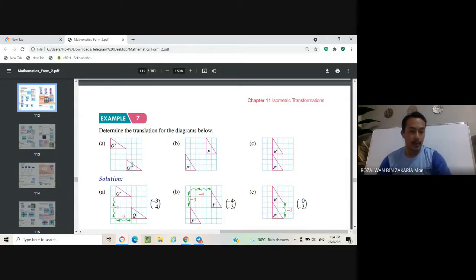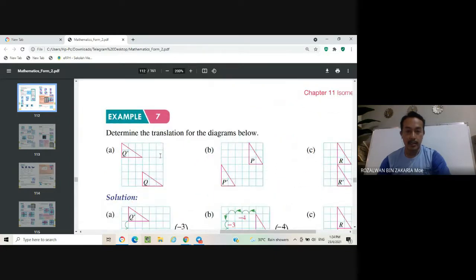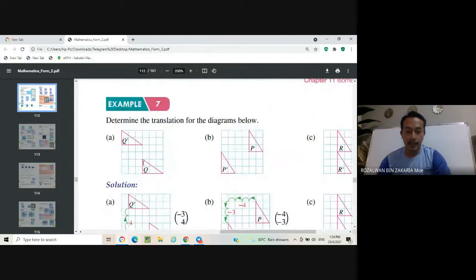To find it, you have to do like this. Refer to this diagram. Choose one point for the object, and that point will go to the same point for the image. For example, this vertex here for the object should go to this vertex for the image here.